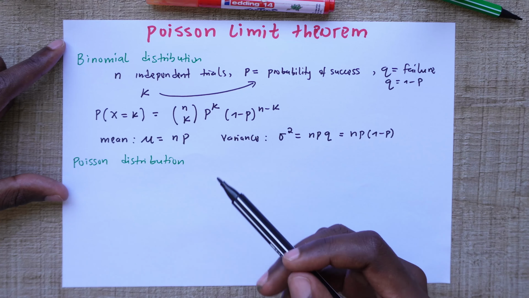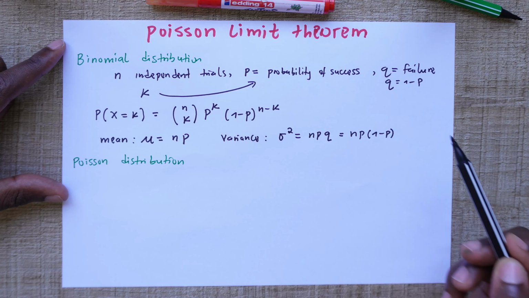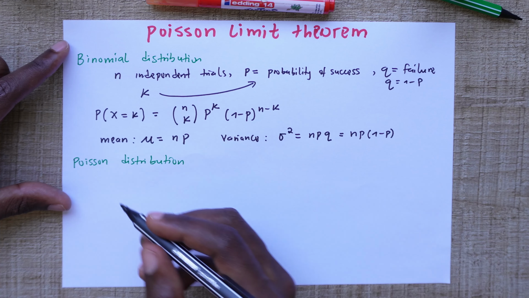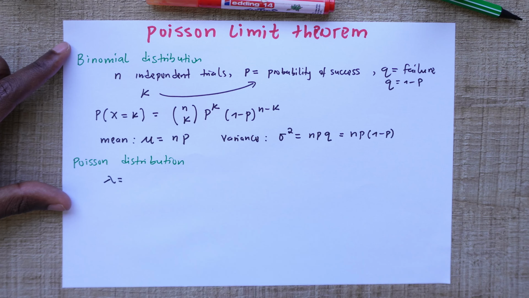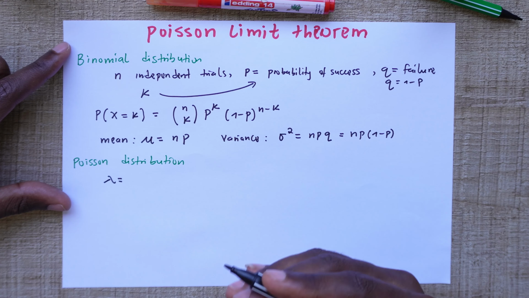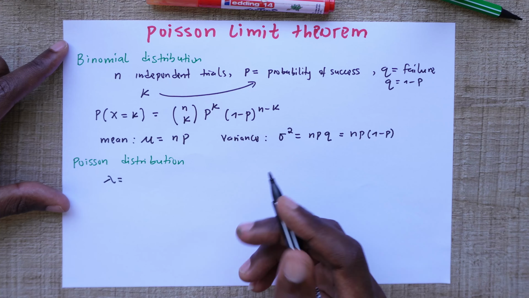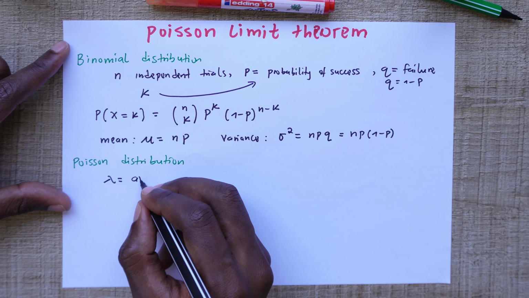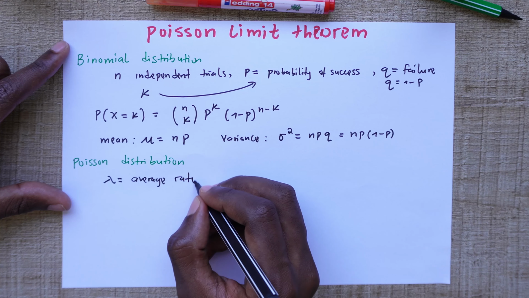Then with the Poisson distribution, what interests you here is not the number of trials or the probability of success, but rather a quantity called lambda, which represents the average rate at which events occur in a certain interval of time. So lambda here is just an average rate.